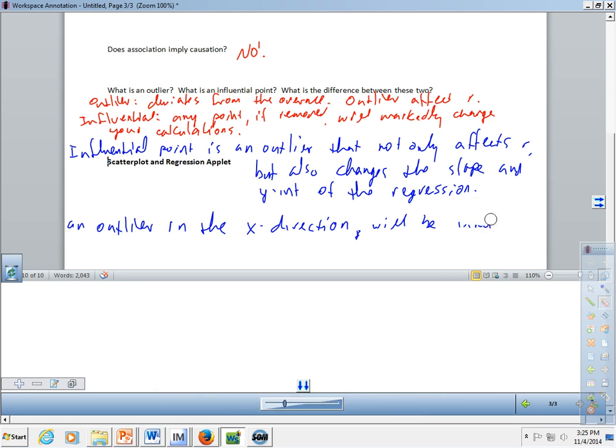More often than not, it all depends on how far away from the x bar line it is.